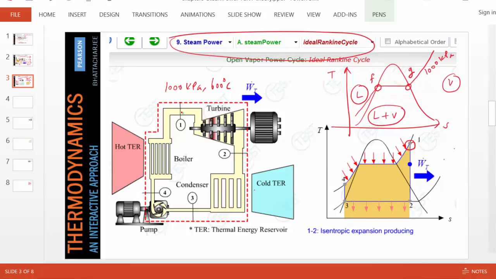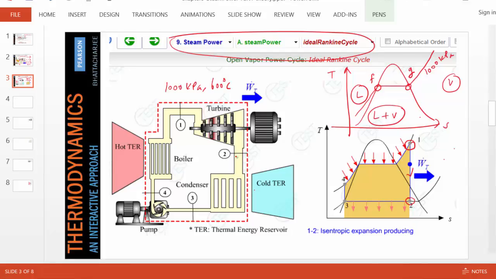As the steam expands in the turbine, we know entropy remains constant in an ideal turbine. So as you can see, from state 1 we reach state 2. State 2 could be superheated too if state 1 was higher up, but in this diagram state 2 seems to be in the mixture zone, liquid plus vapor.